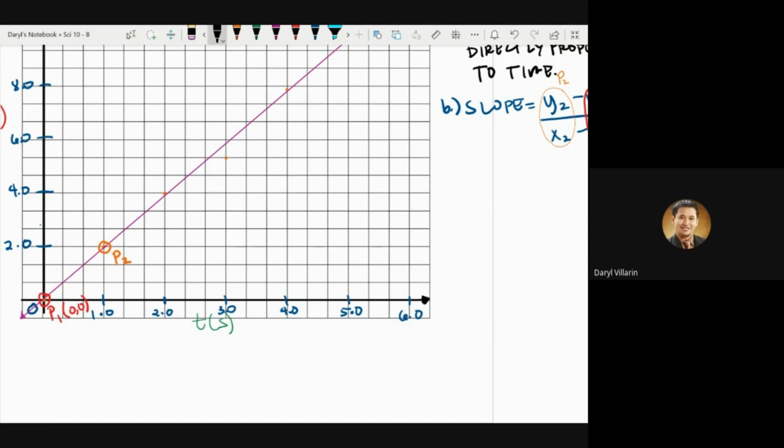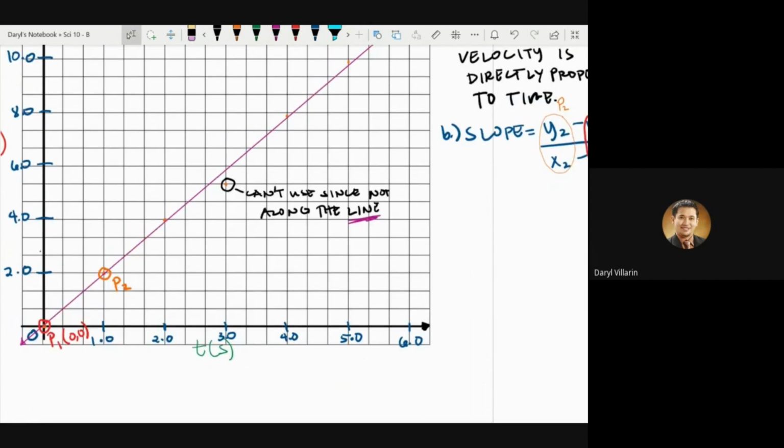Remember that you cannot use this point because it is not along the line. So again, your line, represented by that purple line there, hits your P1 and P2. So my P2 is 1 second and 2 meters per second.